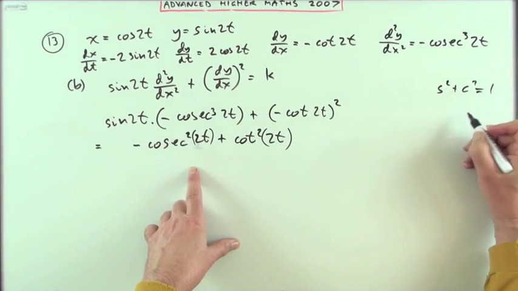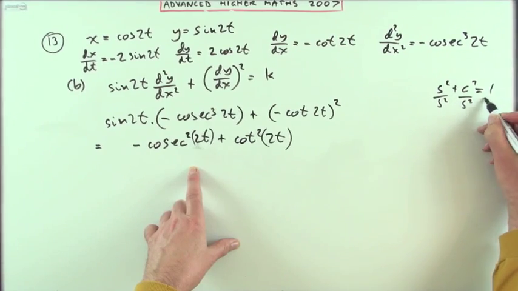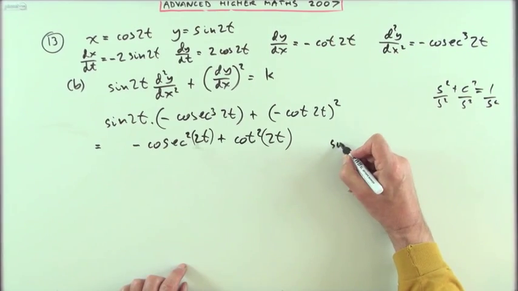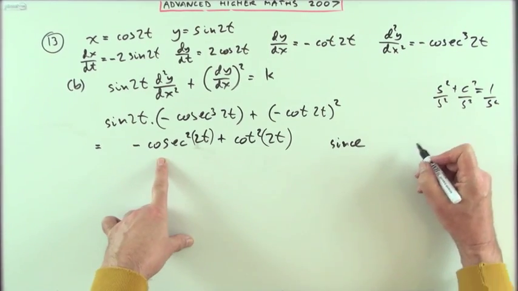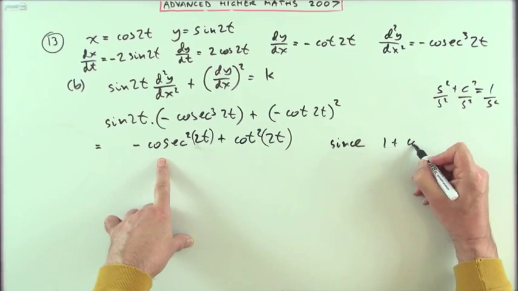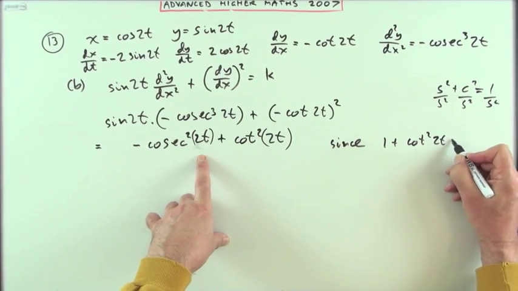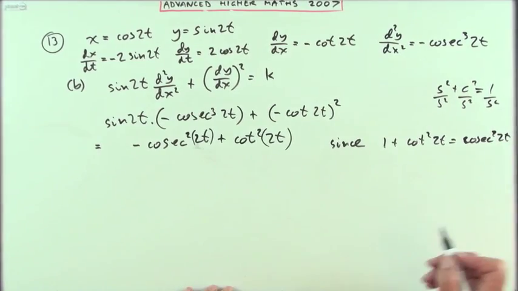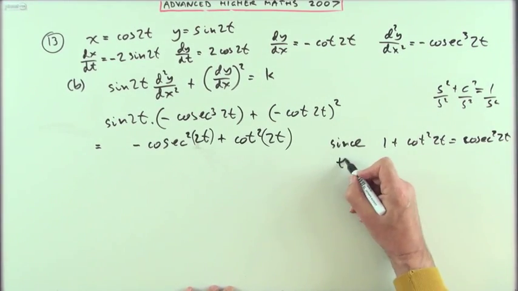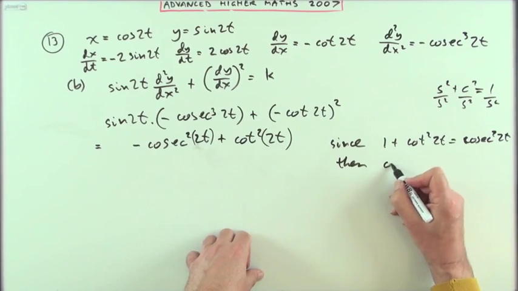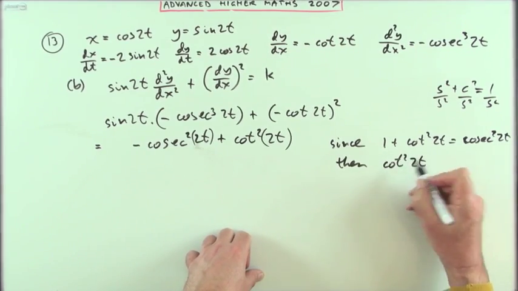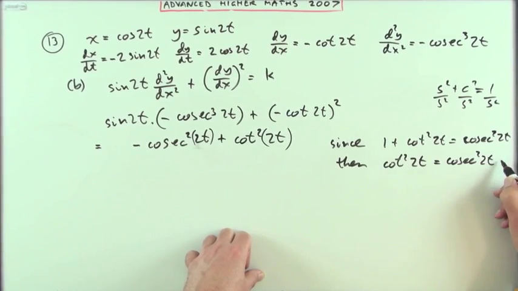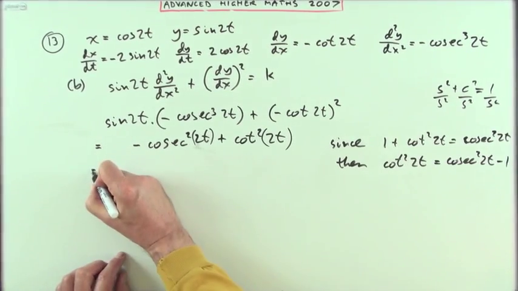Sine squared plus cos squared equals 1, and then think of dividing all by sine squared, and then you could write down here, well, you've got 1 plus cot squared 2t equals cosec squared 2t, then cot squared 2t would be cosec squared 2t minus 1. So I could replace that in here.